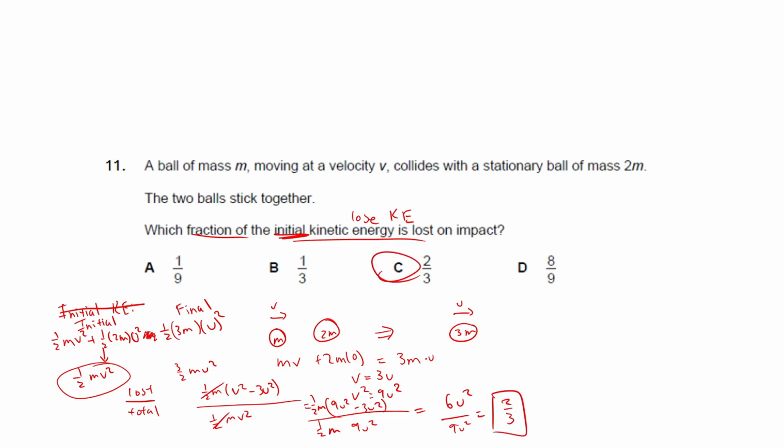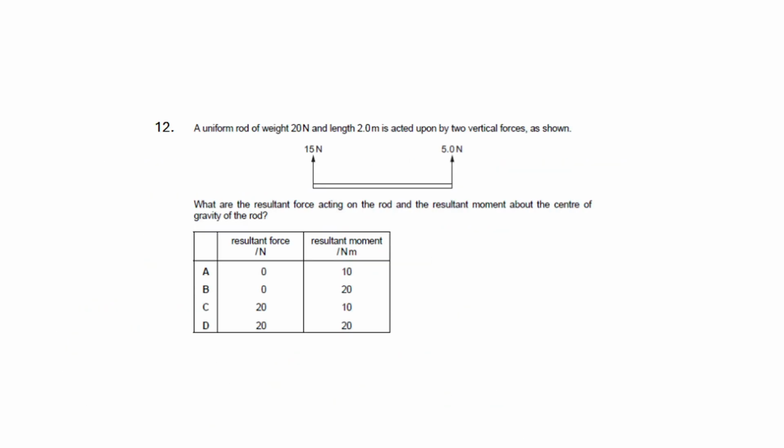So let's just see. A uniform rod of weight 20 newtons and length 2.0 meters is acted upon by two vertical forces as shown. What is the resultant force acting on the rod and the resultant moment about the center of gravity of the rod?